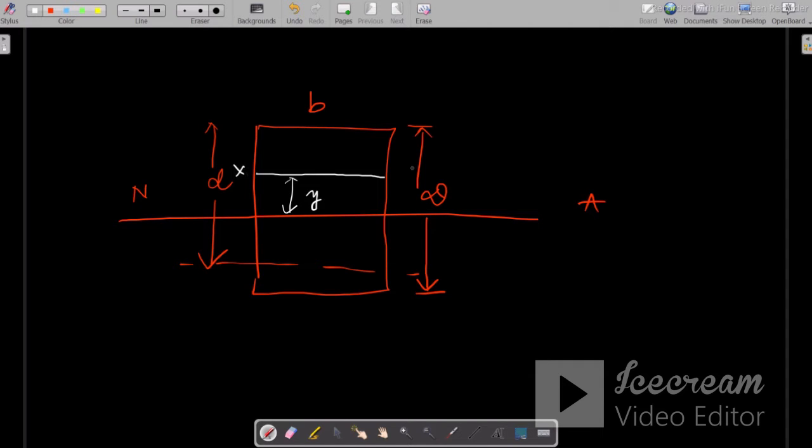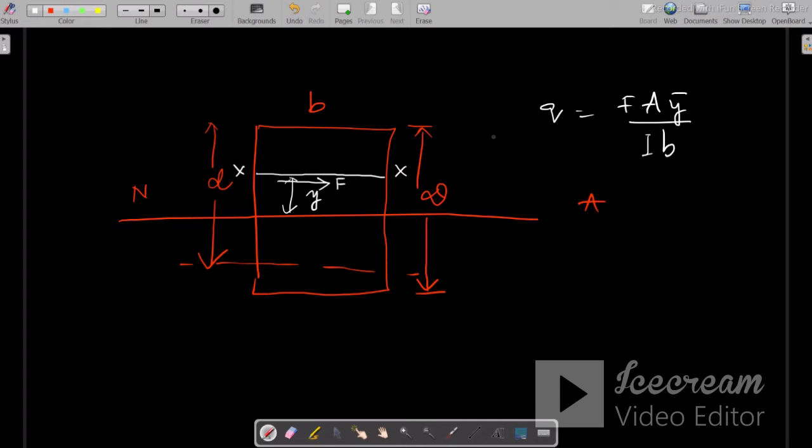Suppose this is section x-x. How to find out? The formulation is shear stress is equal to F A y bar by I B. What is F? F is the force at section x-x.